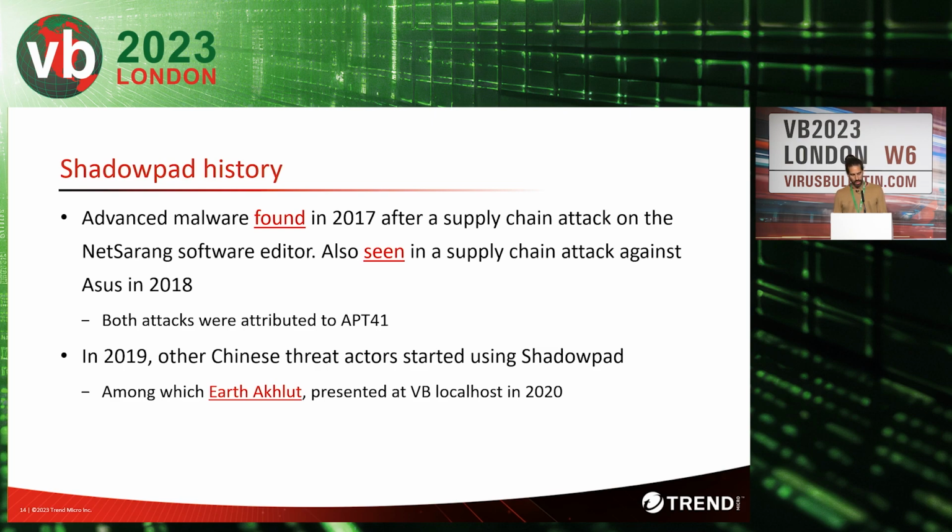So until 2018, if you saw a ShadowPad sample, you could directly say it's APT41. But then in 2019, it changed. Now multiple Chinese threat actors are using this malware family. One of them, for example, is Akhlut that we presented at Virus Bulletin localhost in 2020, but there are many others. So nowadays, you cannot attribute to a threat actor only based on the fact that it is ShadowPad.